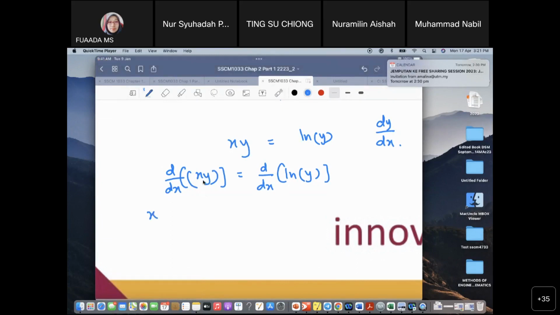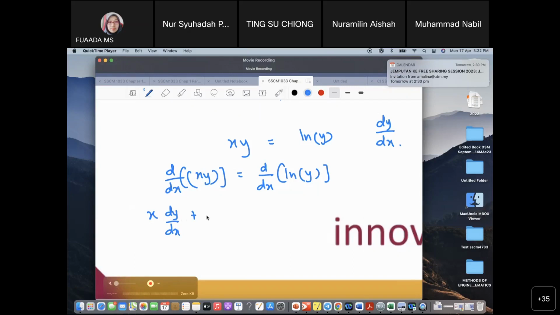So y boleh jadi apa dalam kes ni, sebab this is single variable, so y is the function. Bila you differentiate function, you tak boleh jadi satu. You kena tulis dy over dx. Every time you see y, immediately you put dy over dx. Okay, and then so this one u dv dx plus v du dx, so y is y.